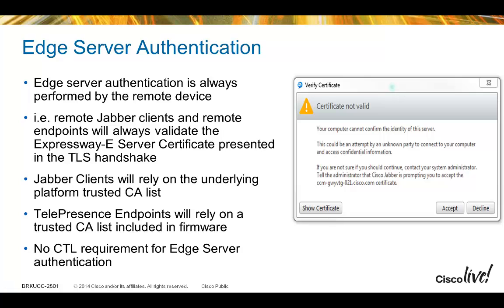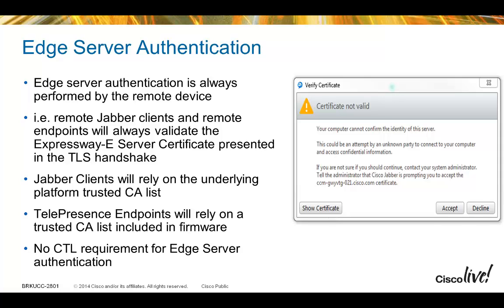Okay. So edge server authentication. We talked about not requiring the CTL, not requiring the Expressway cert in the CTL or anything like that, right? So we have gone to a mode where we're going to require you to have the Expressway E certificate signed by a public CA, right? And that's required definitely for the telepresence endpoints.